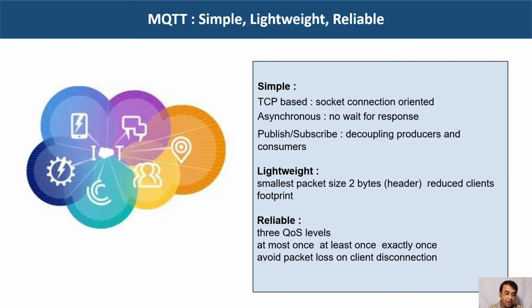Lightweight. Smallest packet size, only 2 bytes, reducing the client's footprint. Then reliable, 3 QoS levels, that means quality of service levels: at most once, at least once, exactly once, avoiding packet loss on client disconnection.